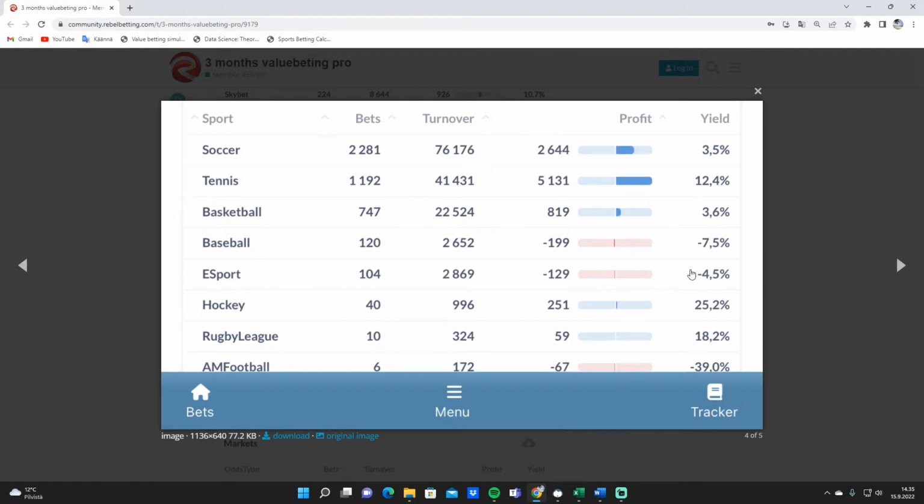Baseball, the yield is minus 7.5%, so he has lost 199 pounds on baseball bets, but still he should not stop placing baseball bets, because the sample size is so small, only 120 bets. As you guys might already know, you should place like 3,000 bets for the sample size to be statistically significant. So just keep placing the bets.